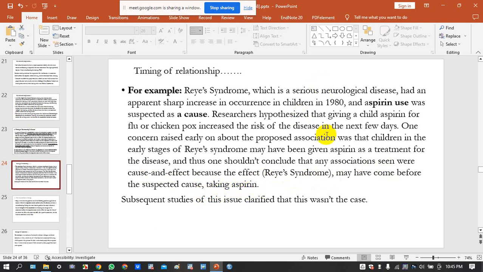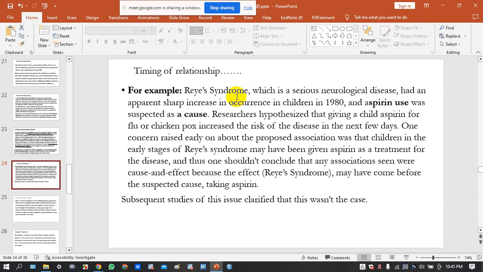So they were saying that when the children took aspirin, they developed the Reye's syndrome. But another school of thought was saying that maybe these children had the Reye's syndrome already before they took in the aspirin, and it's not the aspirin that is causing them to have the syndrome. So this one is just testing for a relationship, but it's not inferring causation.